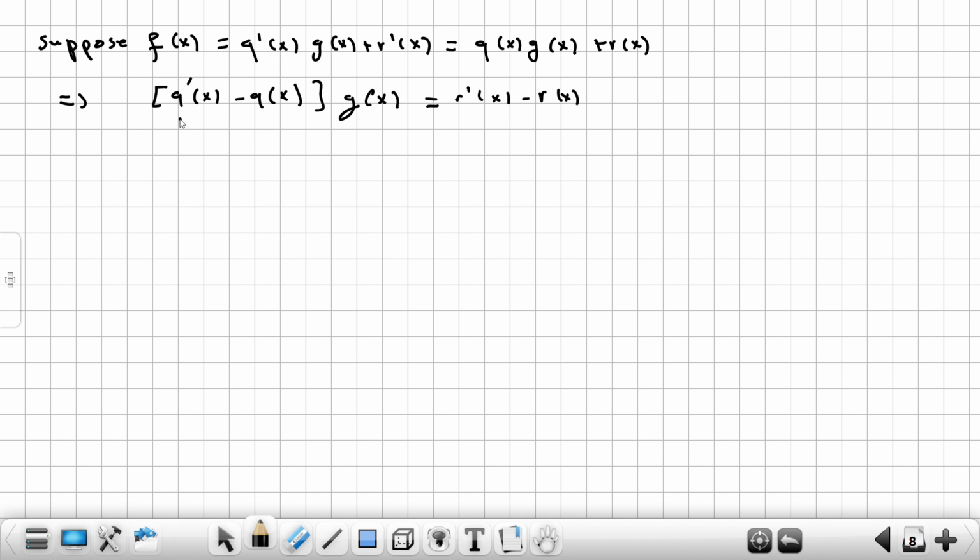Now the degree of this term is well defined, the degree of g of x is well defined, so the degree of the product is well defined, and the degree of r prime of x minus r of x is well defined.